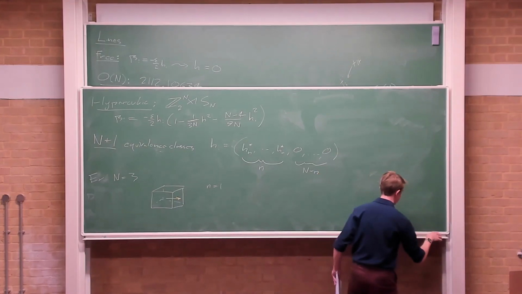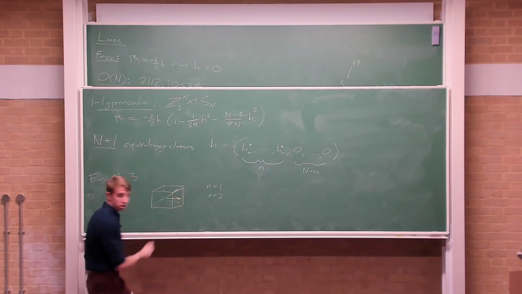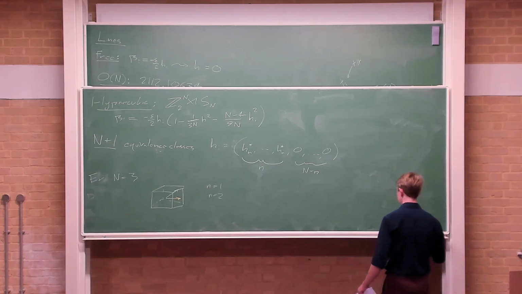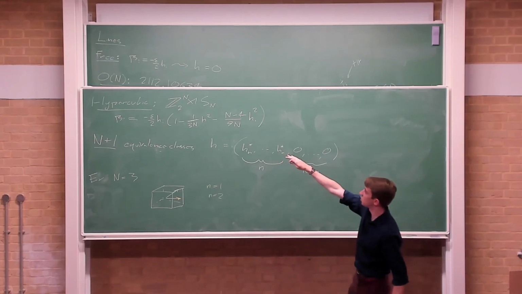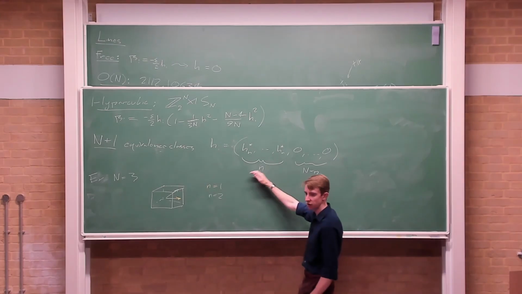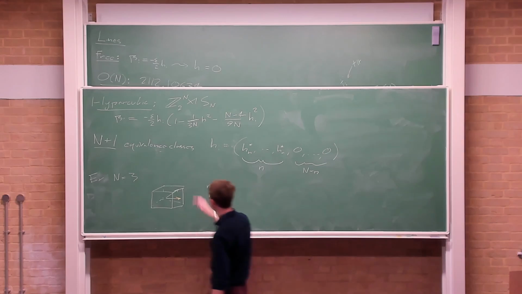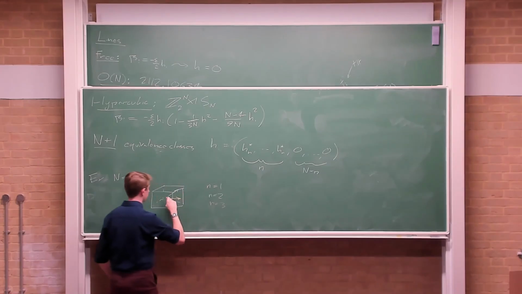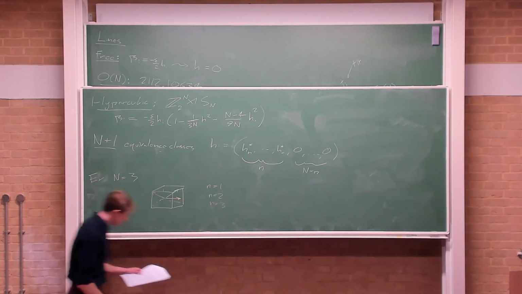If we take little n equals 2, it'll point to the center of an edge. That's right, because the group acts by a field redefinition, they're the same up to a field redefinition, so they're the same physical point. But they will break this group. And then finally, for little n equals 3, it will just point towards one of the vertices.